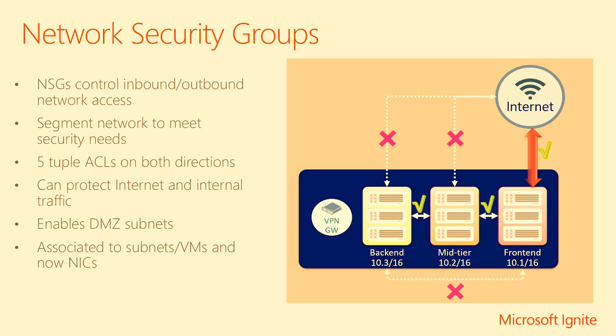Obviously, this tells you the marketing application requires some sort of internet connection so people can access it, but the internet connection shouldn't really be an option for the middle tier and backend sensitive applications and databases, right?